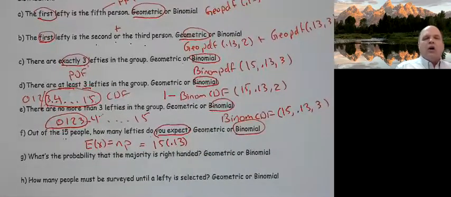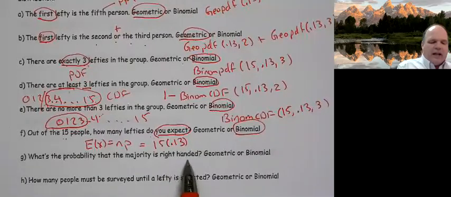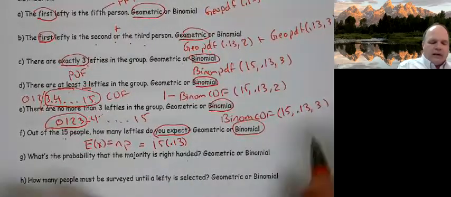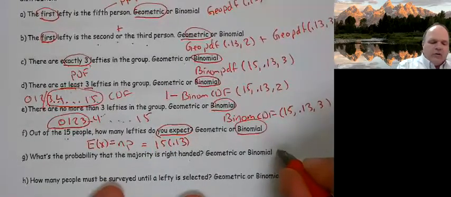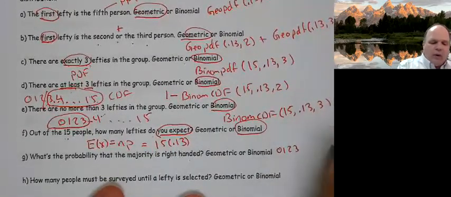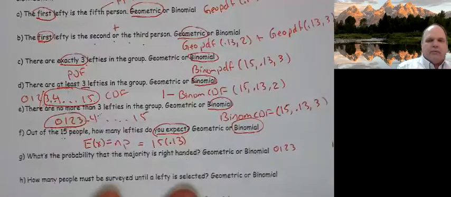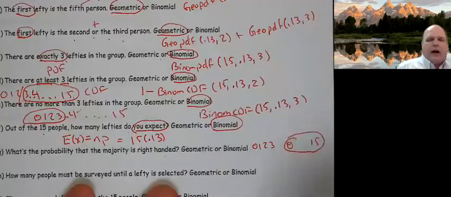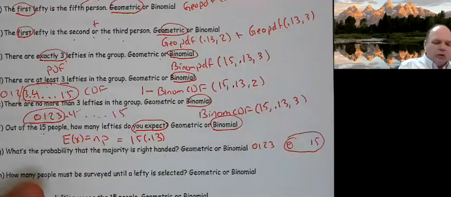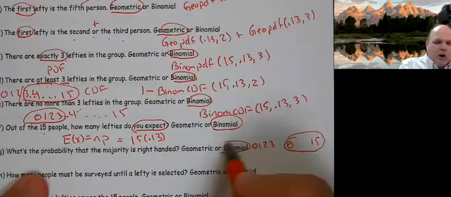What is the probability that the majority is right-handed? All right, so in this case, we could have 0, 1, 2, 3, all the way up to 15. The majority would be having 8 or more. So that's going to be multiple values, and there are specific values, which makes this a binomial.